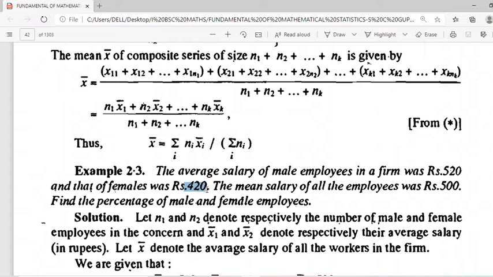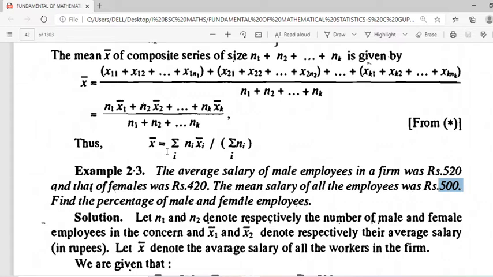The company may be interested in finding the average salary of a person working in that company. So the mean salary of all the employees was 500. The problem is very interesting.